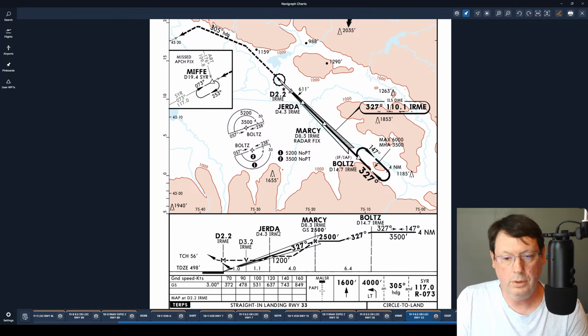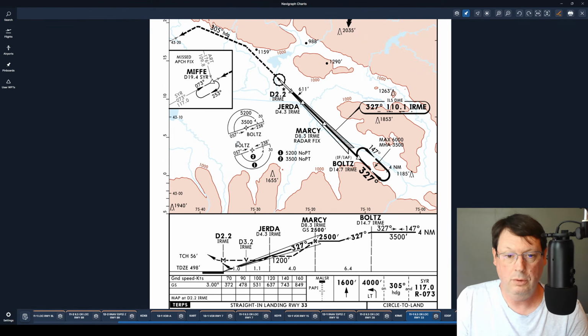In order to go missed, you have to fly the approach to the missed approach point and then follow the missed approach from the missed approach point. In this particular case, you'd probably be okay turning left at 3,000 feet direct MIFI, but not always.